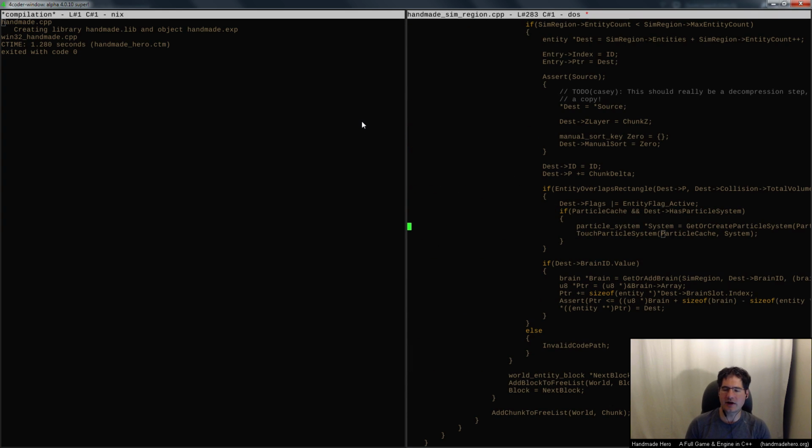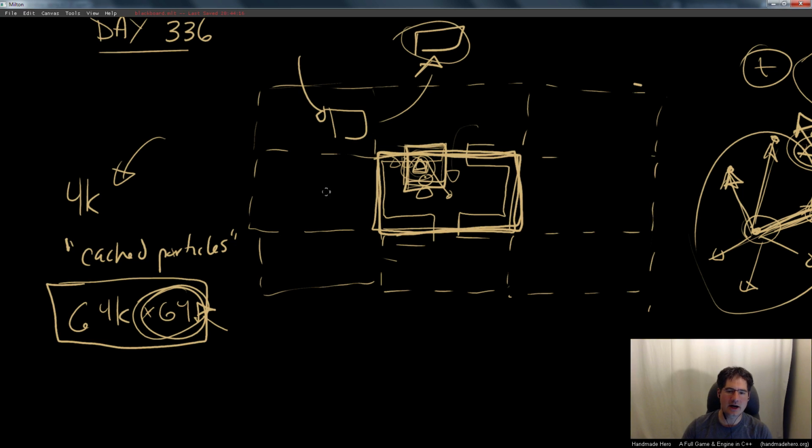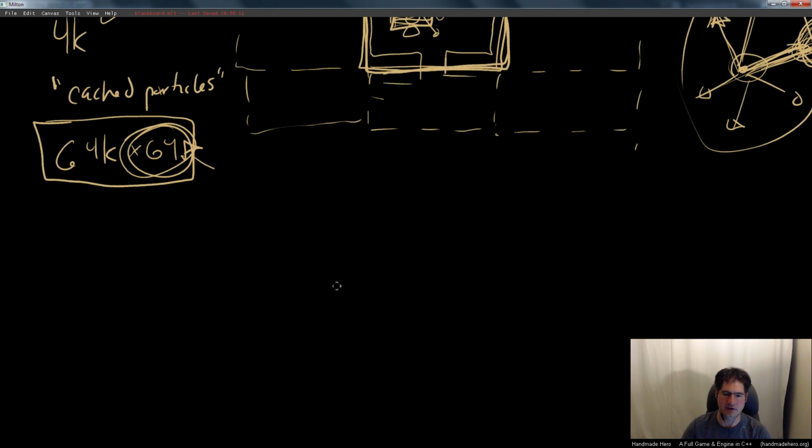And the reason that's important, I think, is because if we have this particle system cache, I don't know that we want to always require all of our entity code to be intelligent about shutting down the particle systems when necessary. What I mean by that is, in a cache scheme, you typically have a situation where something happens like, take the example of a torch. We've got a torch, and it's on fire, right?